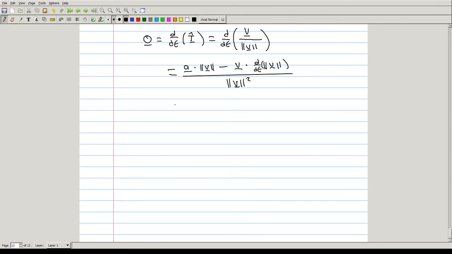And algebraically this simplifies to 1 over the magnitude of v times a minus t hat, because v divided by the magnitude of v is just t hat, and this derivative of the magnitude of the velocity vector is just the second derivative of arc length with respect to the parameter t.